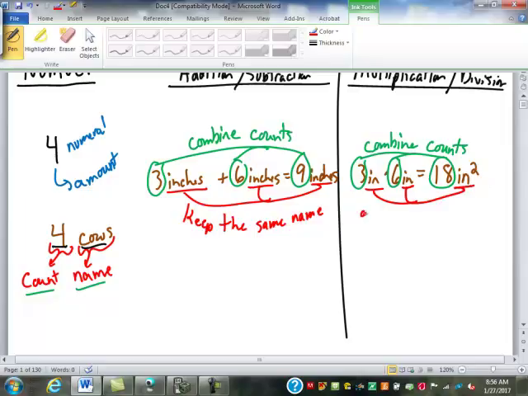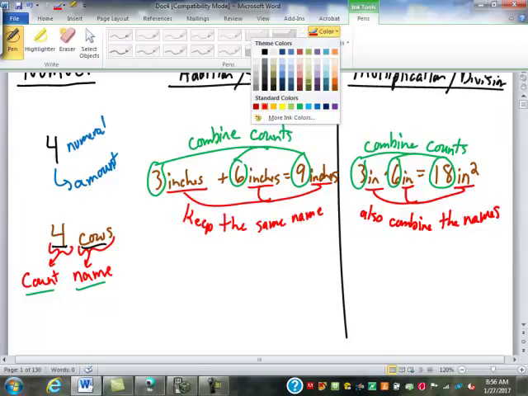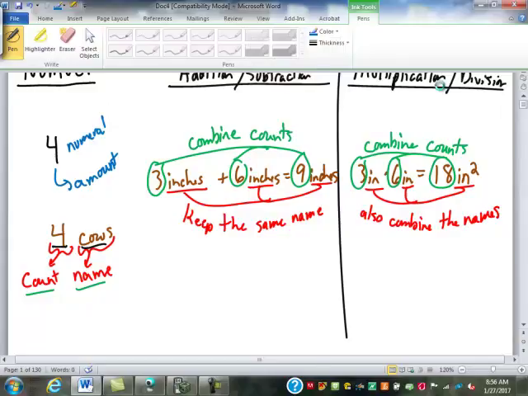When we multiply, we also combine the names. Now that seems like a very, very subtle difference to point out, but it's actually huge. Like I said, all of those other little rules we've learned for our other forms of numbers come from that difference between addition and multiplication.